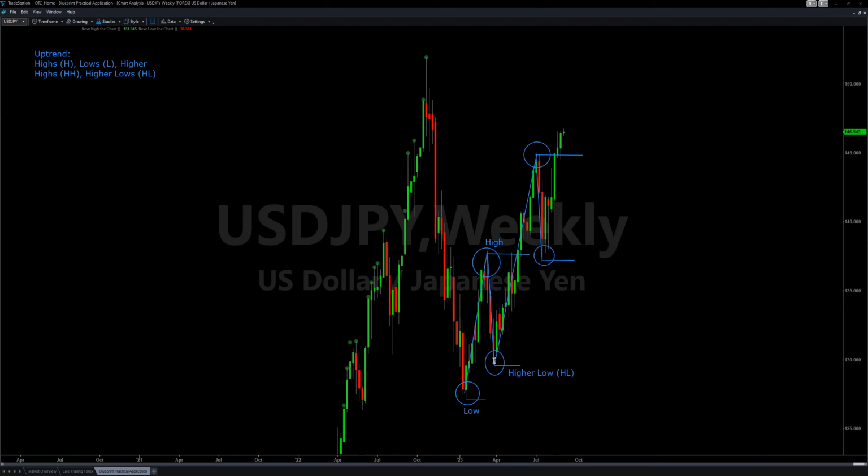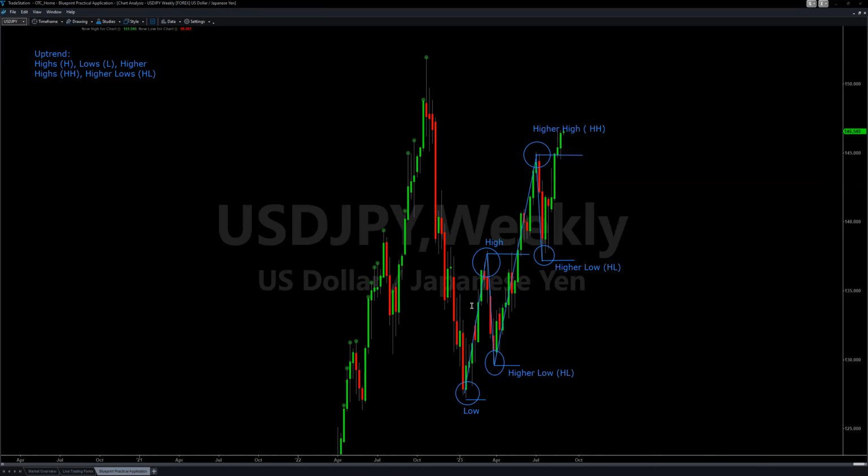Follow the connected line. Here a new high. It's definitely a high, and it is also higher than the previous high. That's the reason why it is a higher high, HH. And that is the trend. Here another, of course, it is the same, higher low, HL. So that is an uptrend.